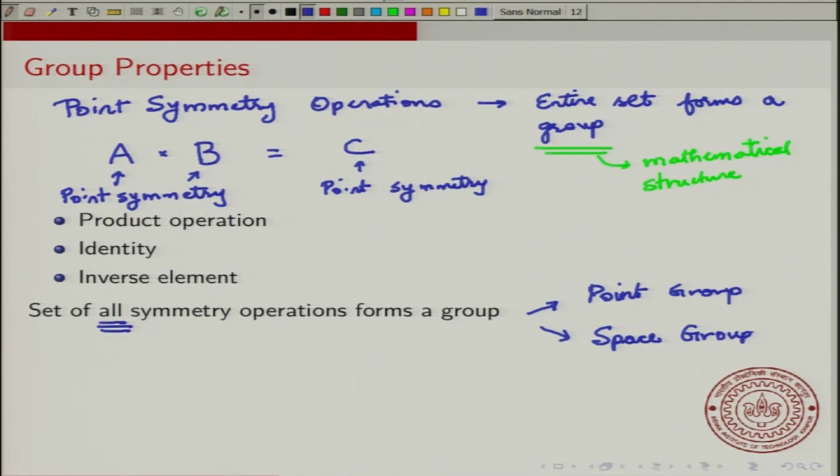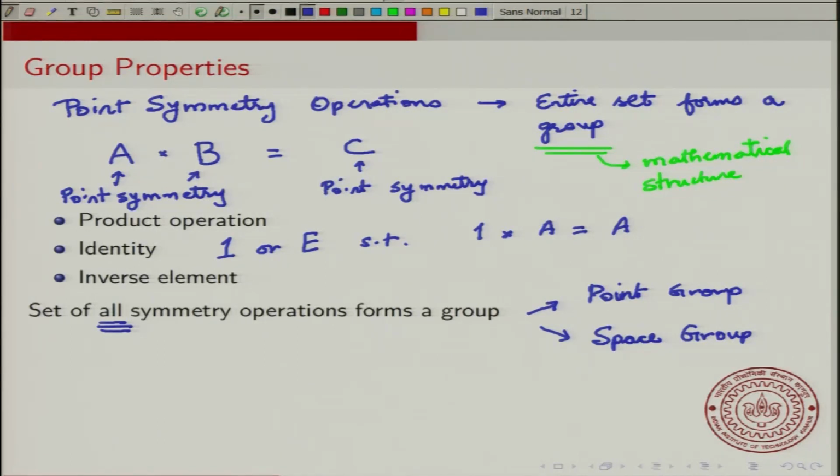There are certain other properties. We have already seen the product. The other property is that there is one element called the identity, which we can denote as either 1 or E, such that 1 times A equals A for all the elements of the group.